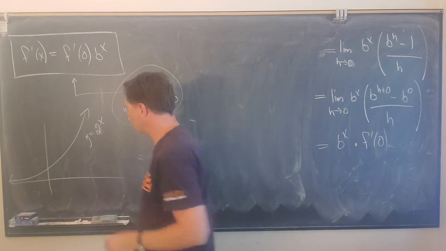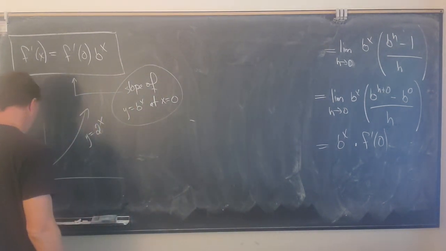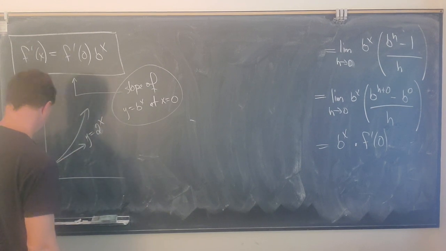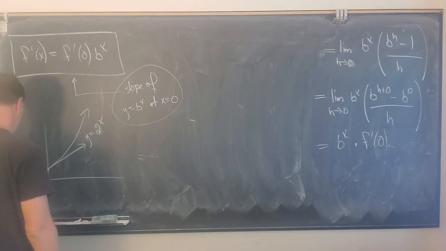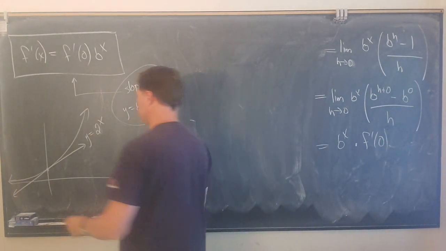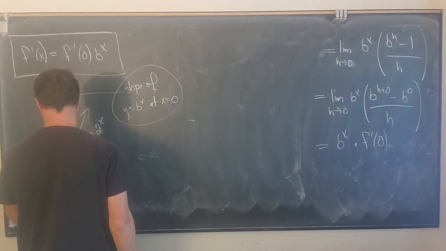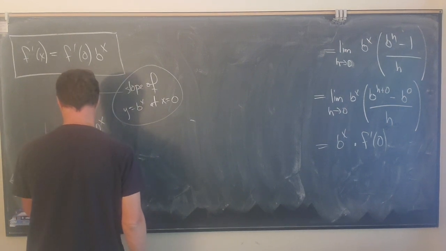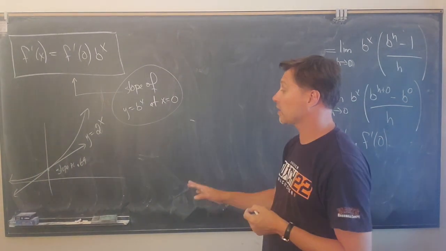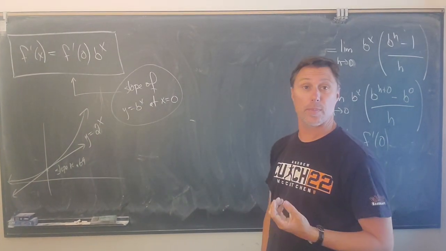The graph is going to look like this, and you can actually verify if you look at the slope of the tangent line at x equals 0. It turns out the slope is about 0.69. So for y equals 2 to the x, the slope at x equals 0 is about 0.69.